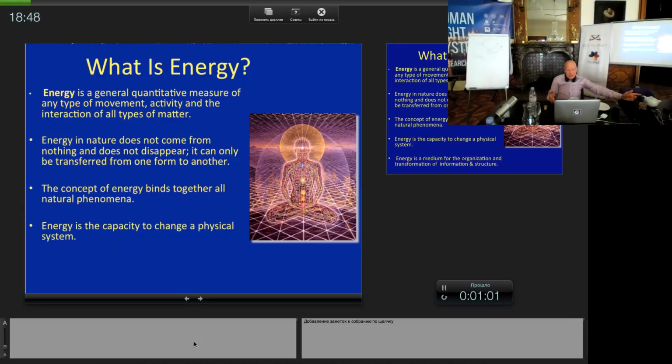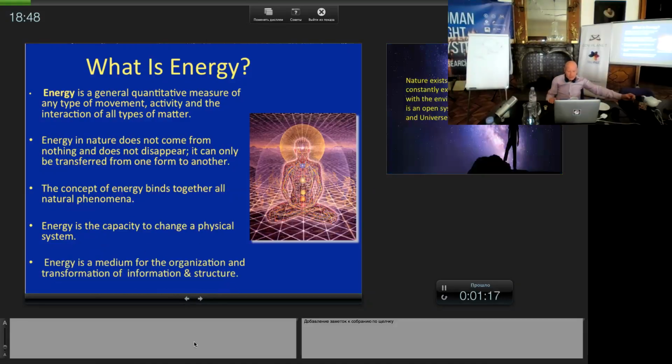And we can say that energy is the capacity to change a physical system. So if you have energy in a system, you can change it. It may be internal energy or outside energy. So we can say that energy is a medium for the organization and transformation of all information and structure.